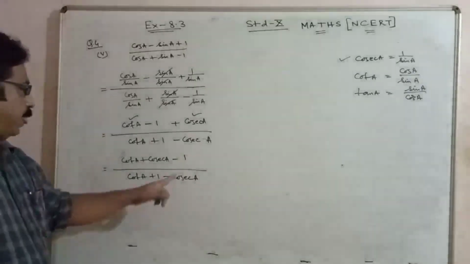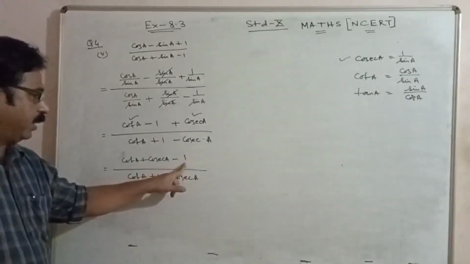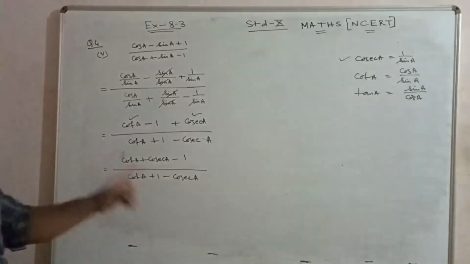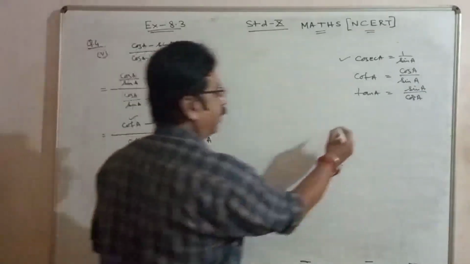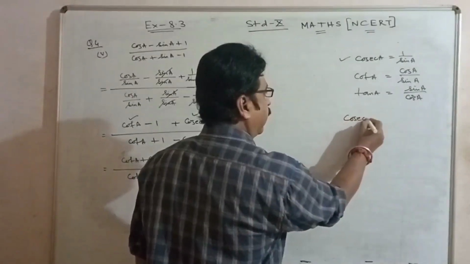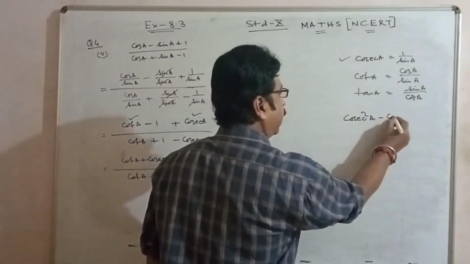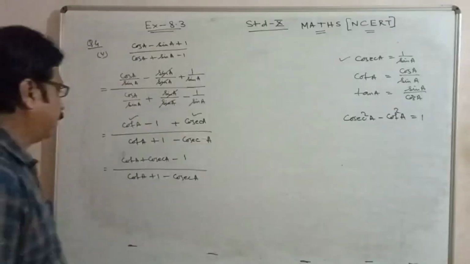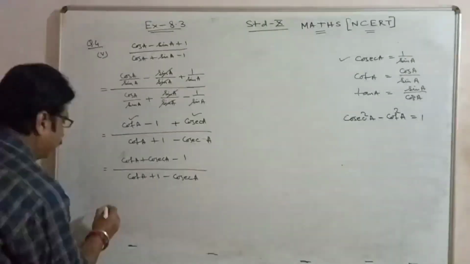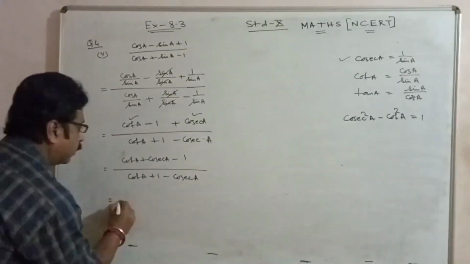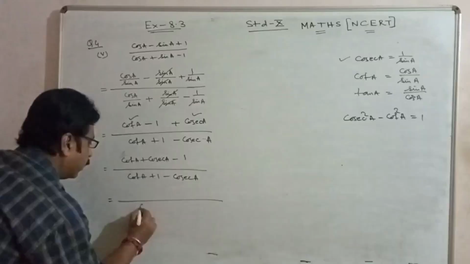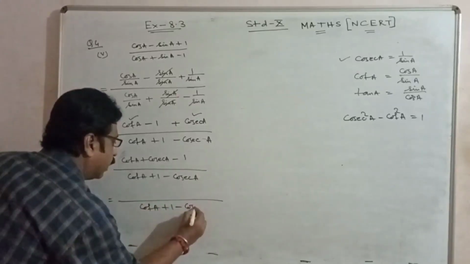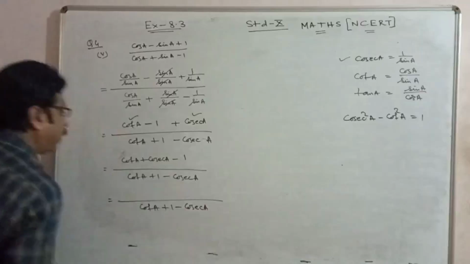Now in place of 1 we will write that identity: cosec square A minus cot square A is 1. Cot A plus 1 minus cosec A in the denominator.